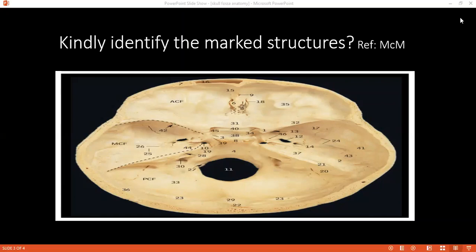Which one is it? It is the foramen that lies in the inferior aspect of the base of the skull, through which the facial nerve and the stylomastoid artery pass.